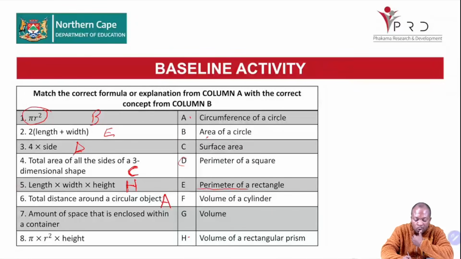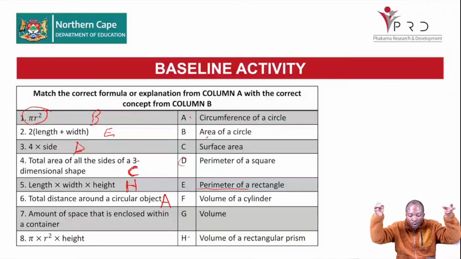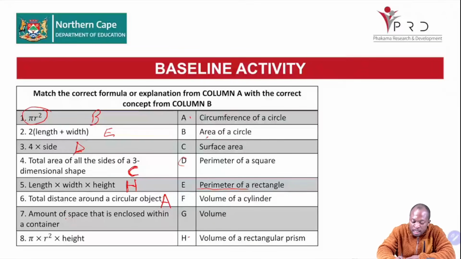Now, let's talk of the next one. It says the amount of space that is enclosed within a container. The amount of space in a container, we are talking of what? The volume of a cylinder. So let's put this one for the definition here.